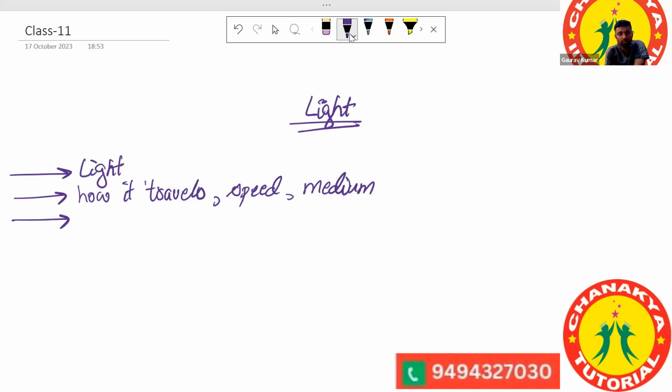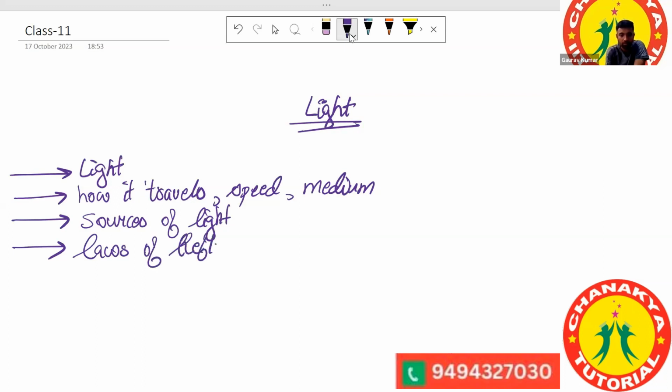Then we have seen the sources of light, and the laws of reflection. After the laws, we have seen the properties of a mirror.